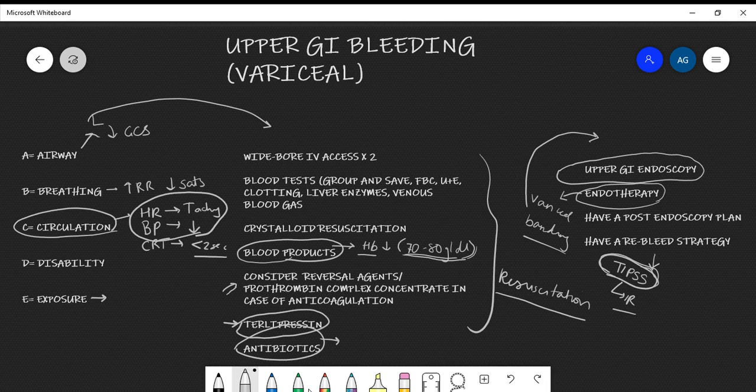Third point is that resuscitation is key. Your IV fluids, blood products, correction of coagulopathy, reversal of anticoagulation in patients, terlipressin if the patient is suitable, antibiotics. All of these are very important, and are to be done first before sending the patient to endoscopy.